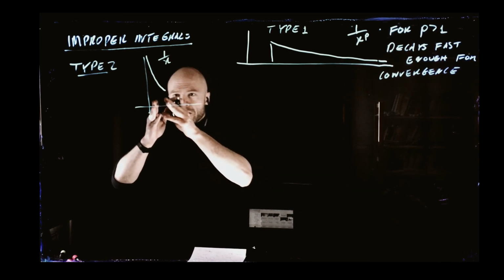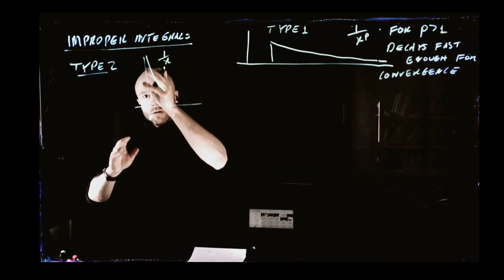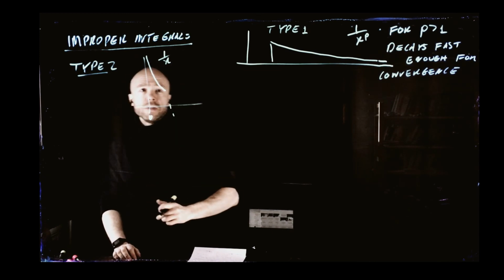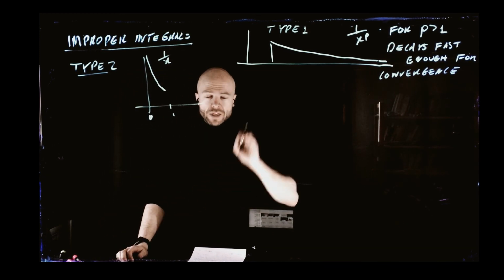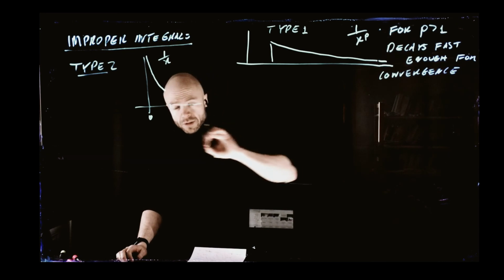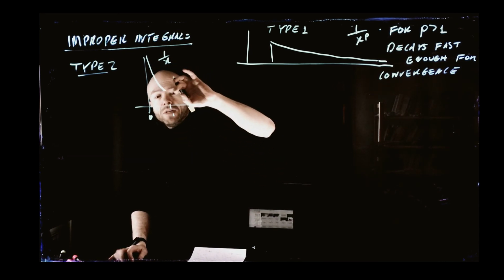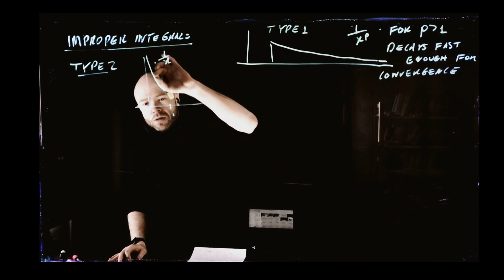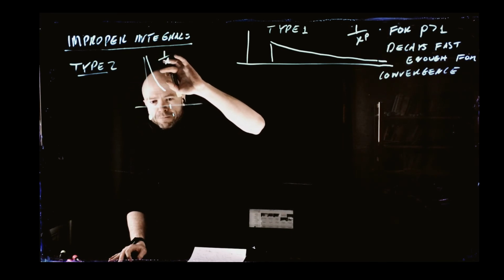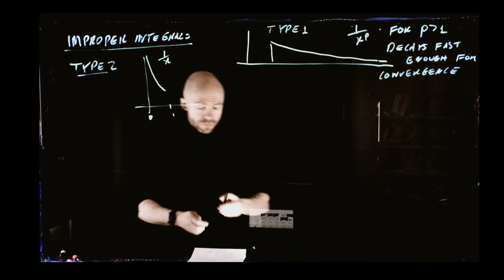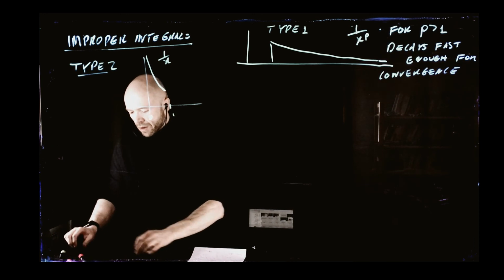So there's infinite area underneath the graph from 0 to 1, where the graph is 1 over x. But again, it's the cutoff point. But this time, in order for this thing to be finite, we need the singularity not to blow up too fast.